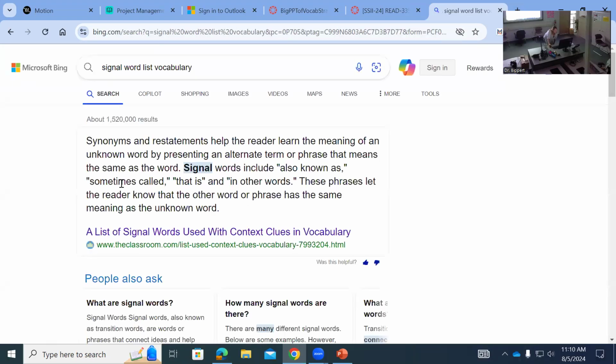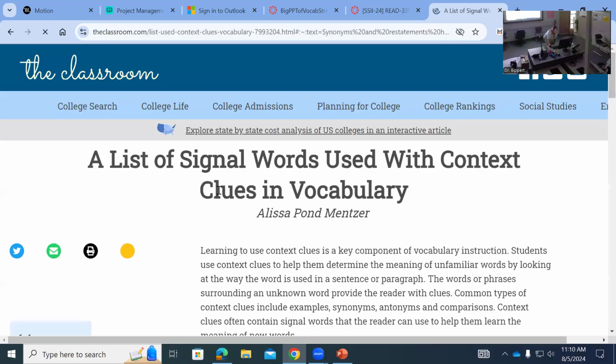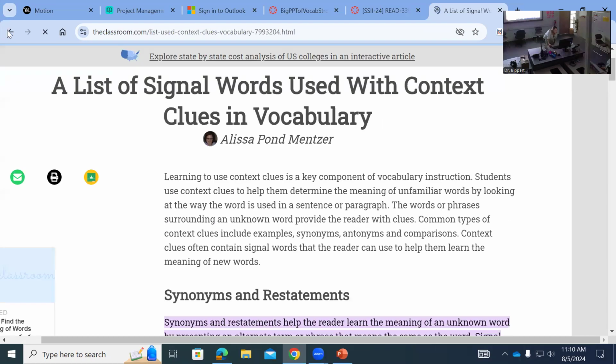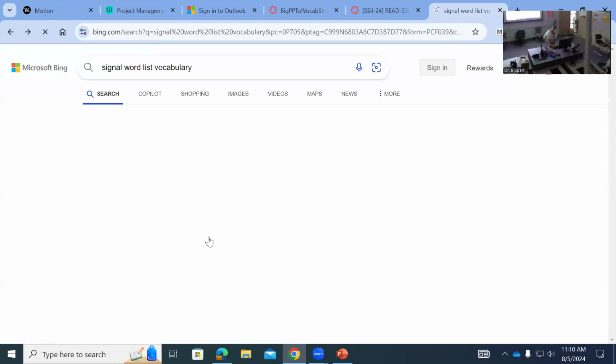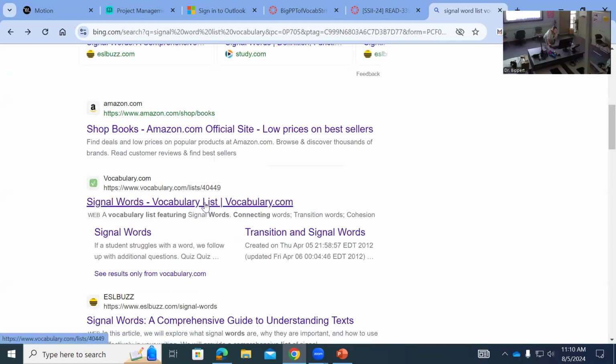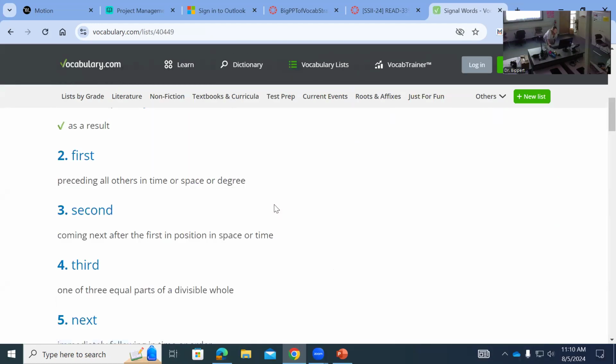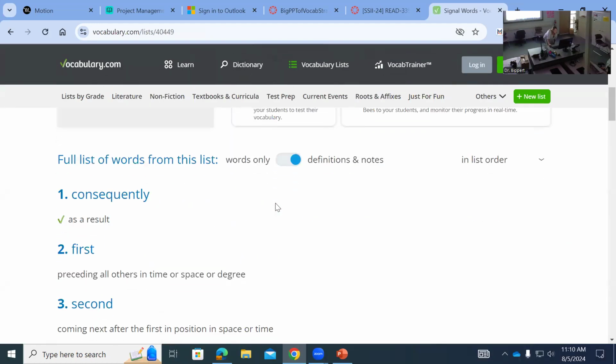And I need to change it on this because I'm constantly going to this thing. Come on, word. Here we go. Okay. So this is what it was.